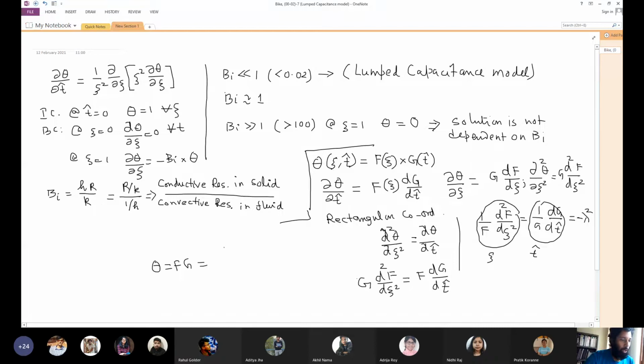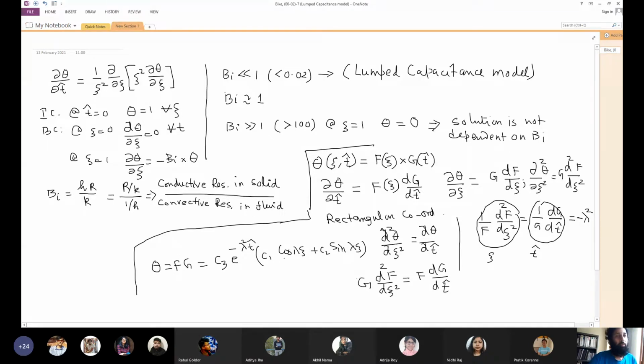You see that g is an exponential function, so g you get c3 e to the power minus lambda square t hat, and this is a second order equation, so you get sine cos terms: c1 cos lambda zeta plus c2 sine lambda zeta. This is the rectangular coordinate case.